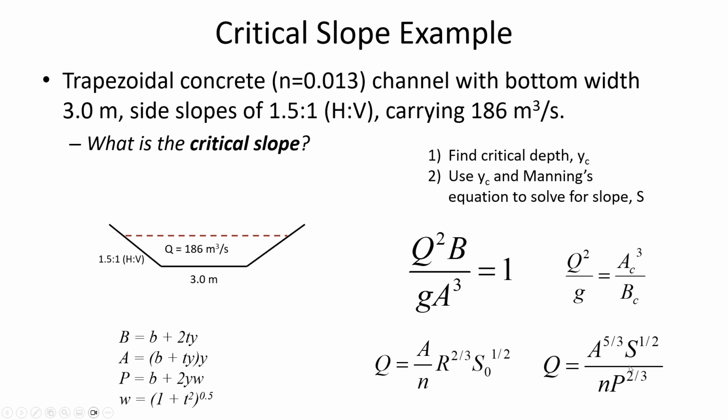Wetted perimeter is whatever wetted perimeter is related to the side slope that we've defined, as well as the depth of 4.12 meters. So let's do that. I'll pause again. You solve Manning's equation to find out what is the slope associated with this critical depth.